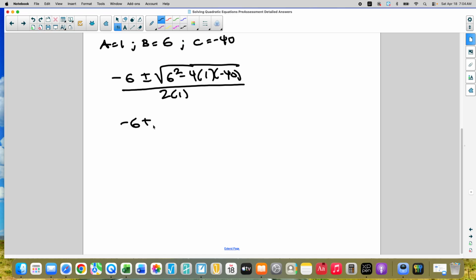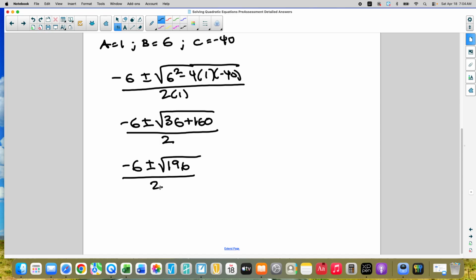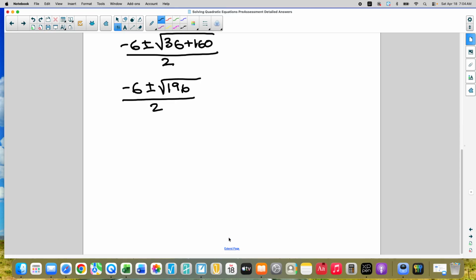Negative 6 plus or minus 36. Negative is a positive 160 over 2. Negative 6 plus or minus, that's 196 over 2, which is a perfect square also.